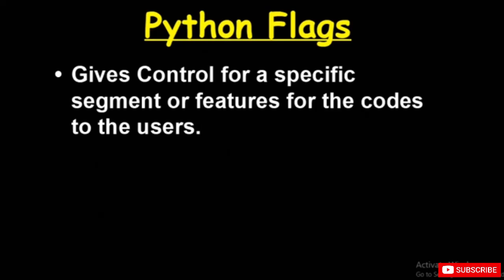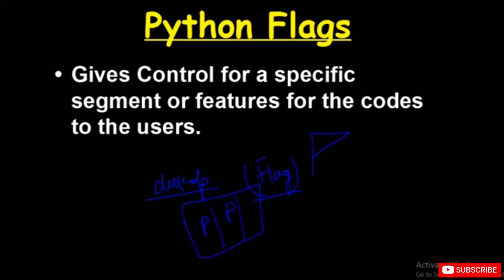What are Python flags? Well, this is the symbol of the flag. There was a flag game, if you are old enough, on desktop computers, and we used to play that and predict where the bomb is and where it is not. We just flag it up and then we get the points. Well, those were the old days. Let's come to the new one.